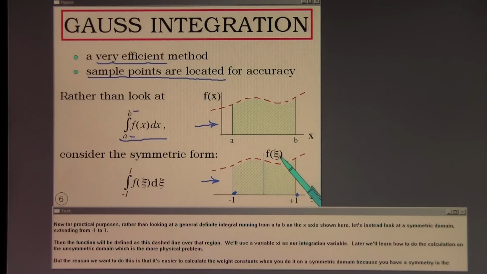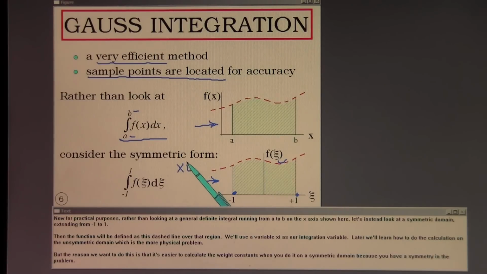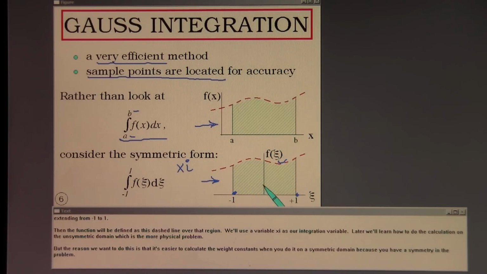We'll use a variable xi as our integration variable. Later we'll learn how to do the calculation on the unsymmetric domain, which is the more physical problem. But the reason we want to do this is that it's easier to calculate the weight constants when you do it on a symmetric domain, because you have a symmetry in the problem.